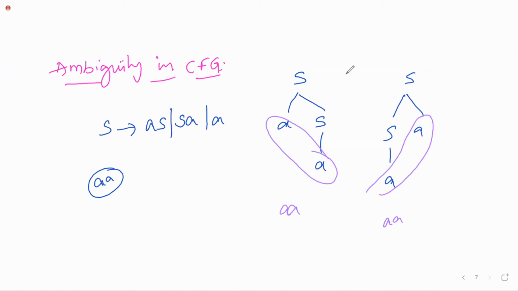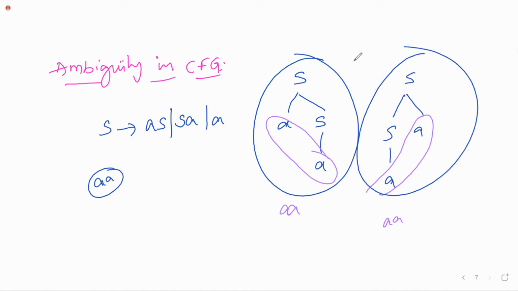Say yes or no. Both are generating the same string, but both the derivations are not the same, is it not? Are you following, ma'am? This is rightmost derivation if you assume, this is leftmost derivation if you assume. But both are generating the same string, but the derivations are different. The parse trees are different. Okay, this is known as ambiguous grammar.